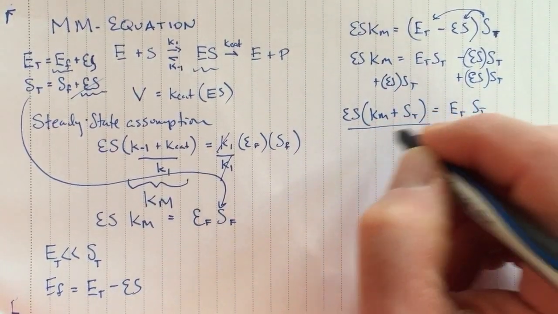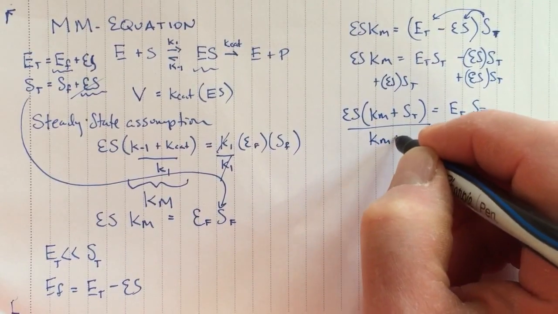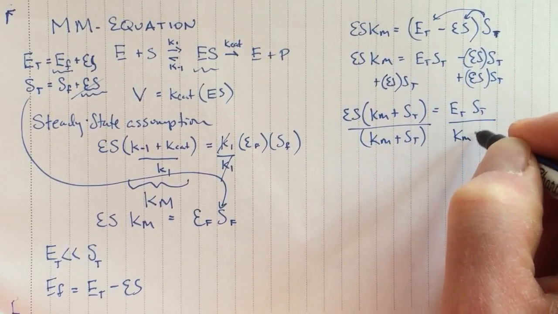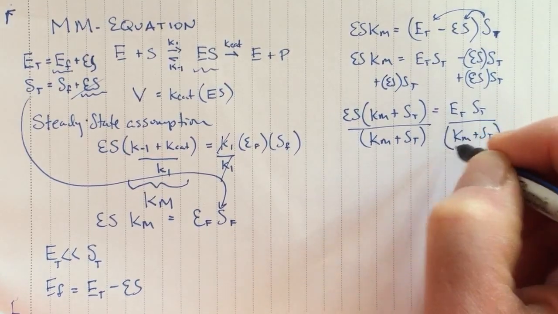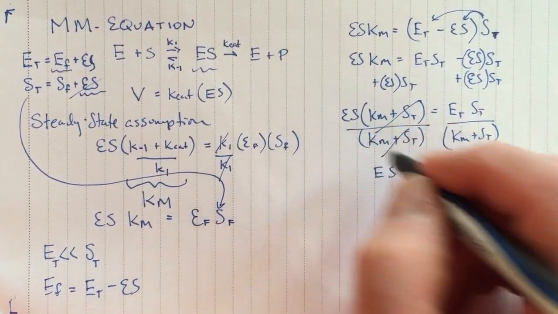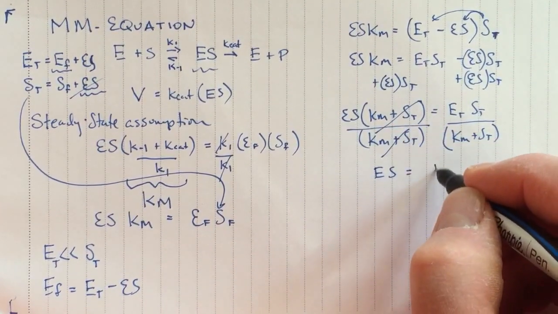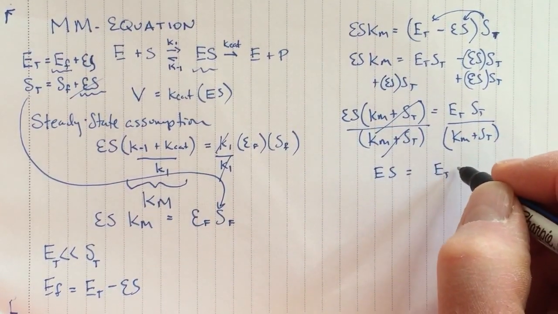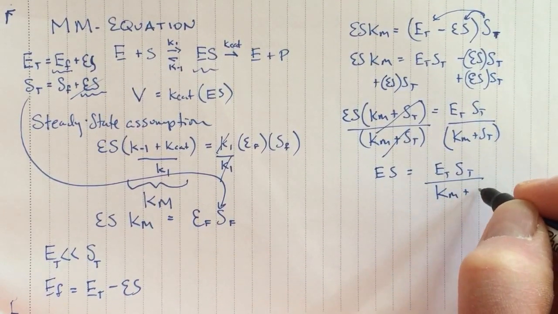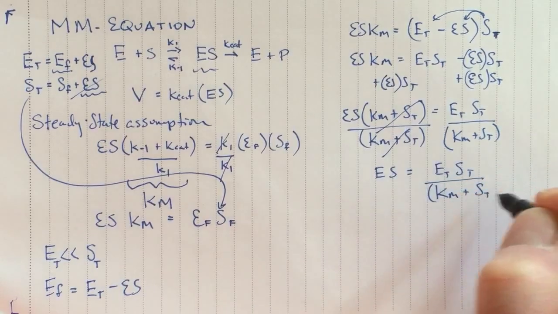And then I divide both sides of the equation by Km plus S total to get rid of this term, so that we have enzyme substrate complex is equal to total enzyme times total substrate divided by Km plus total substrate in the system.